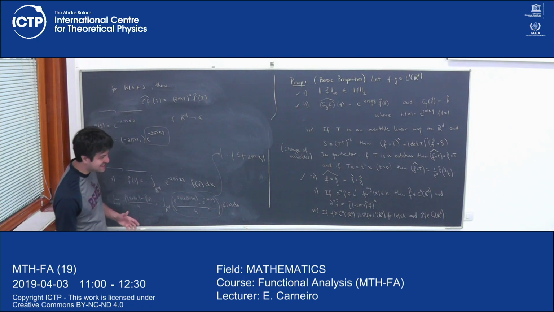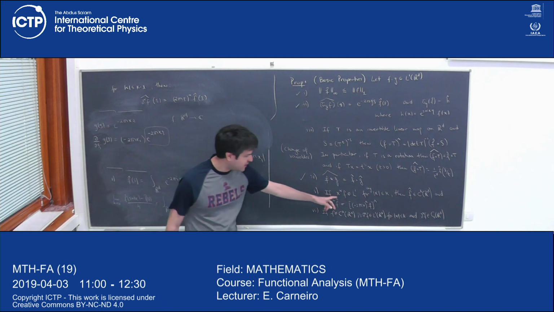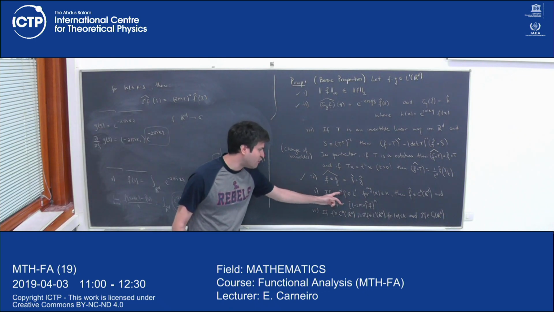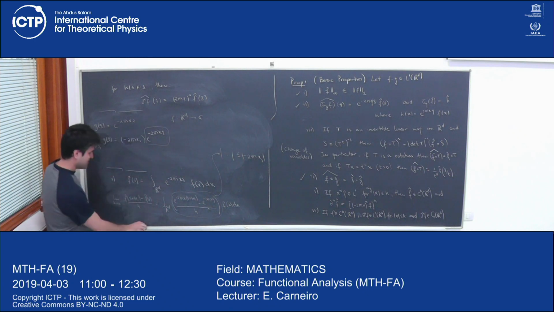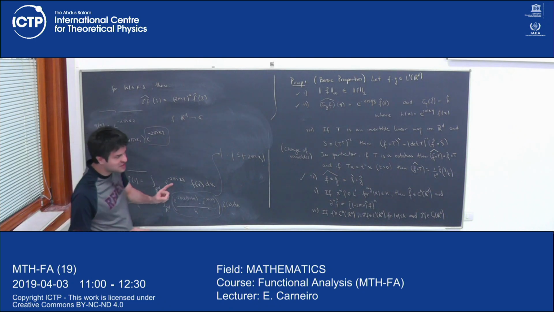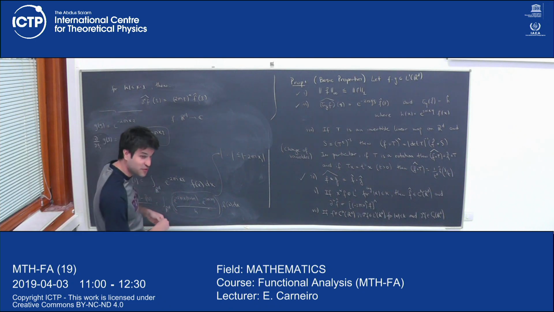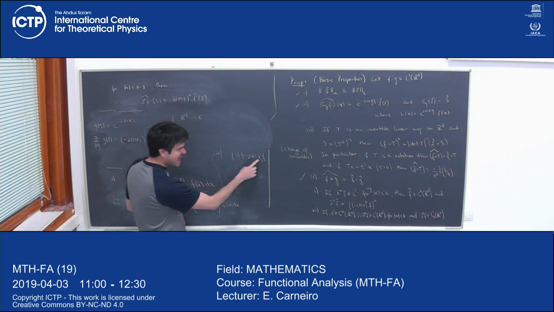Now, alpha here would be just, I'm trying to take one derivative with respect to e1, so alpha 1 equals 1 and the other is 0.